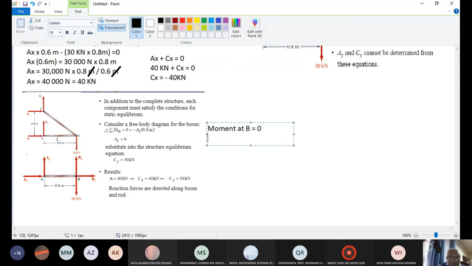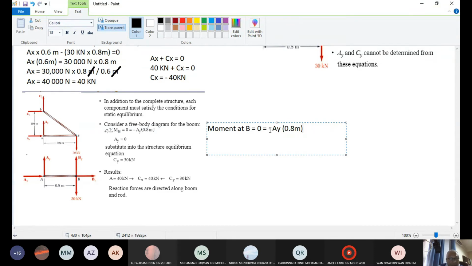Ay times AB, Ay times 0.8, because this is the arm. Equal to minus Ay times 0.8 meter.